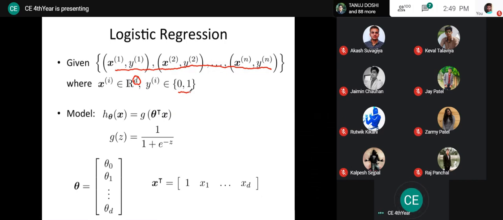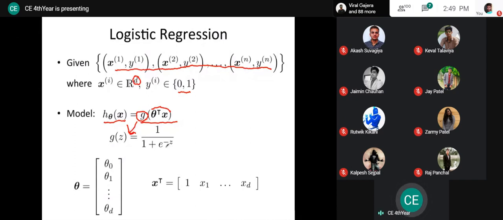And our model, or you can say our hypothesis, will be g, some function of theta transpose x, and that function is nothing but the logistic function, or the sigmoid function, which is 1 upon 1 plus e raised to minus z.